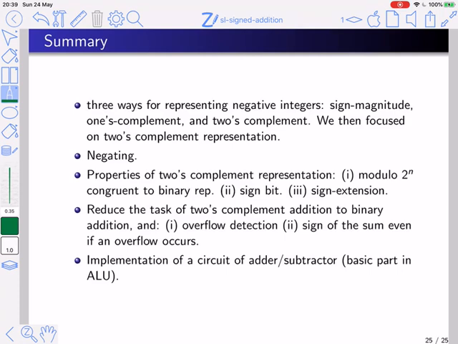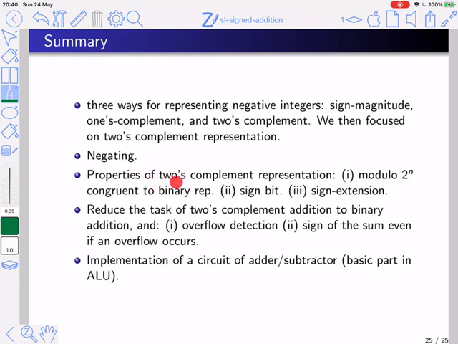Let's summarize. We discussed three ways for representing negative integers: sign magnitude, 1's complement, and 2's complement. We focused on 2's complement representation. We discussed the issue of negating the number represented by a binary string.